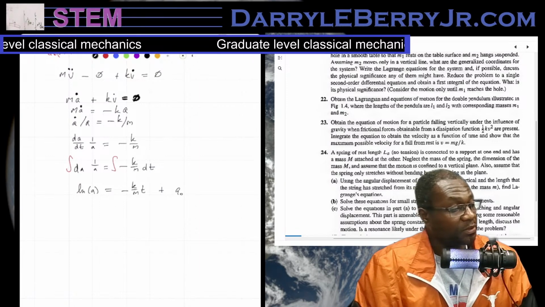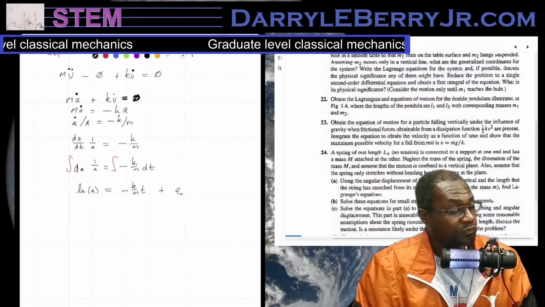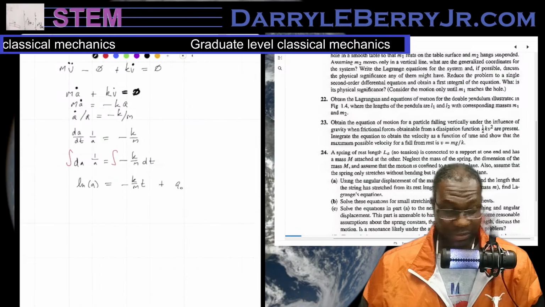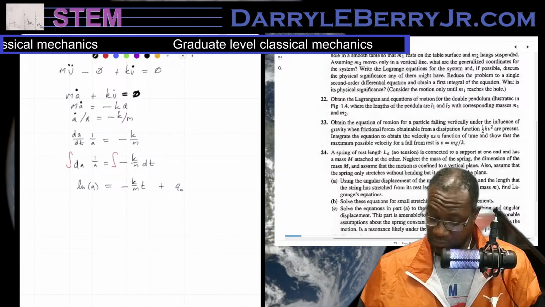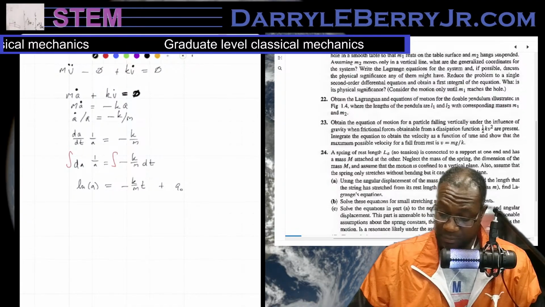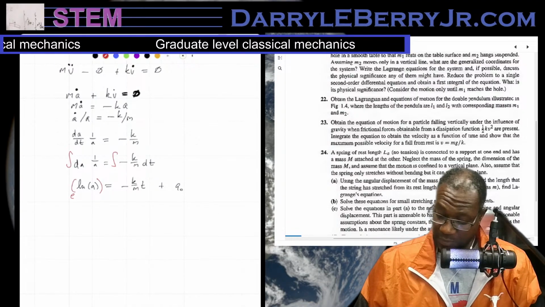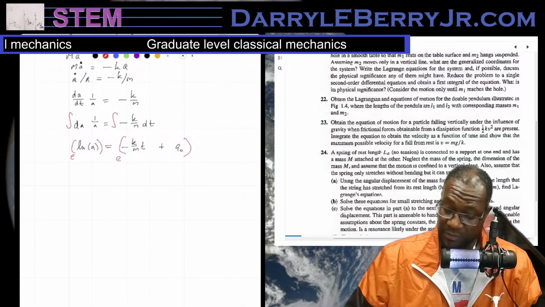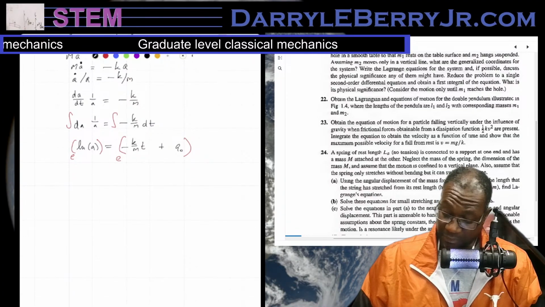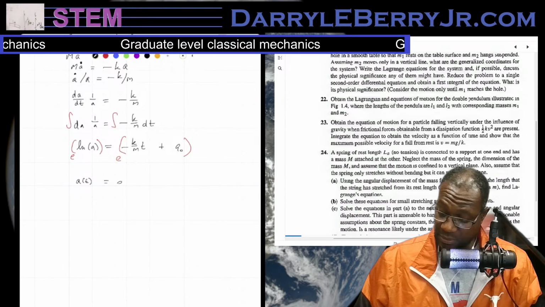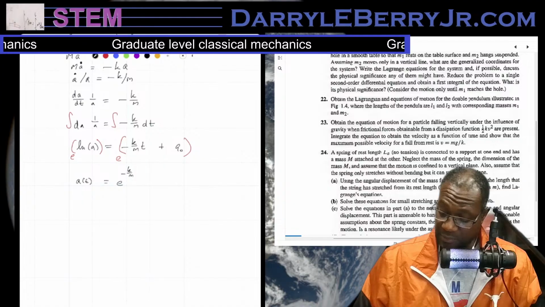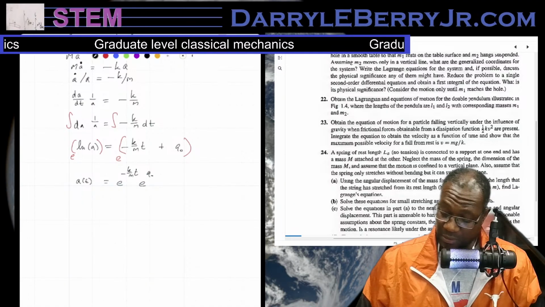Normally I would write a naught, but she's doing something different. Let's just work it out and let's see what happens. Plus a naught. So if I exponentiated each of these, I would have a of t equals e to the negative k over m t and e to the a naught.